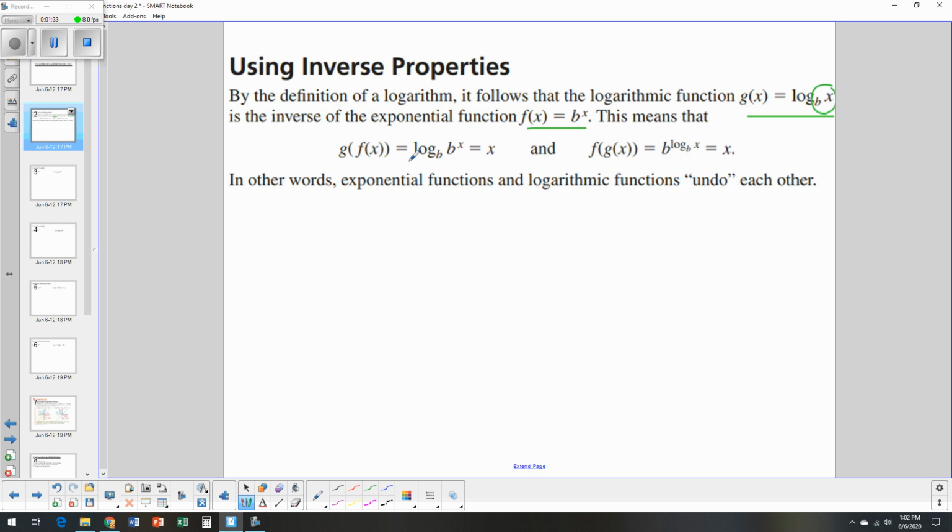This allows us to simplify, knowing that log base b of b to the x is really x. So basically the log base b cancels and we just get x. And also b to the log base b of x is x. So the b and the log base b cancel again.